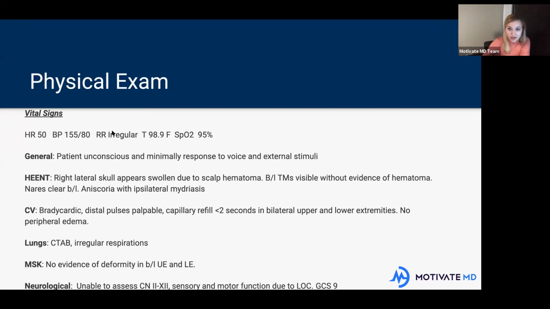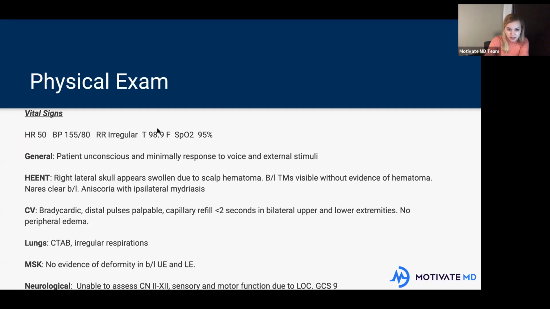Squishes your brain. Honestly, it's as simple as that. It actually compresses your brain, and it can lead to a whole list of problems, like compressing your brainstem where your respiratory center is. So that is why our patient has irregular breathing: he's got some serious swelling in his brain.